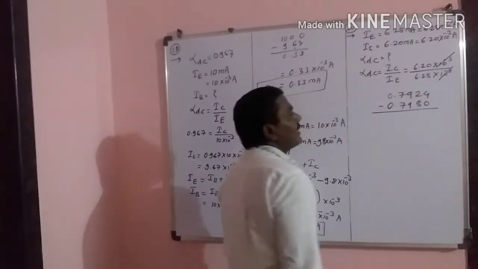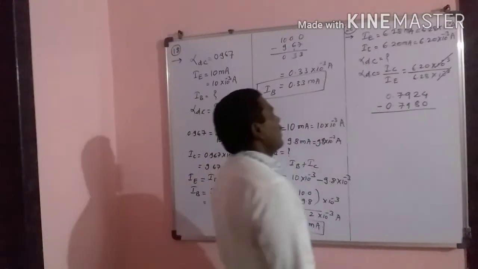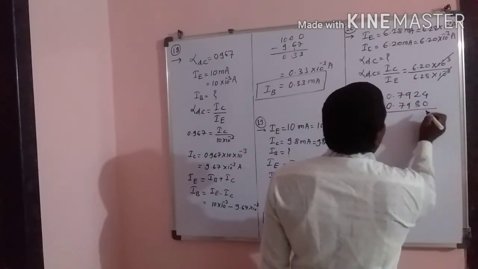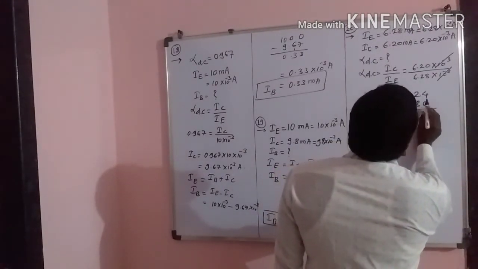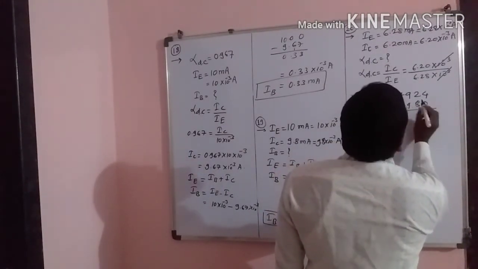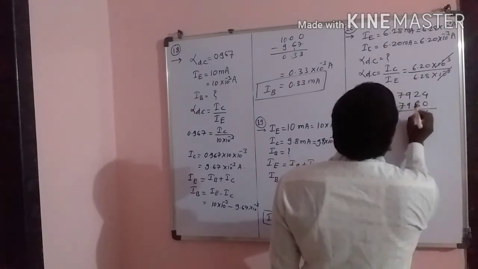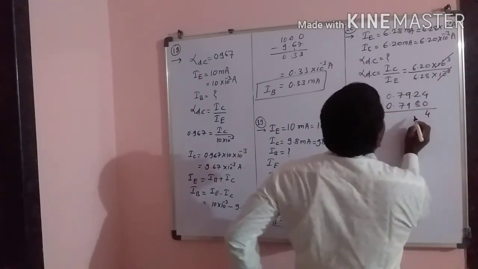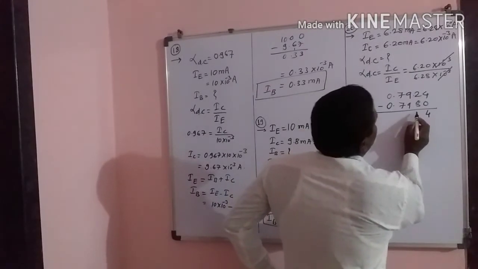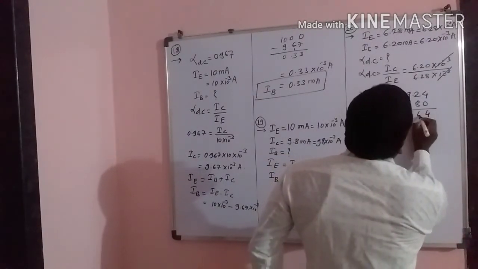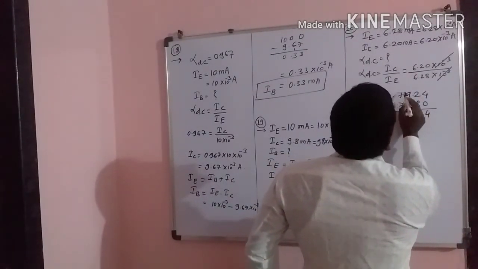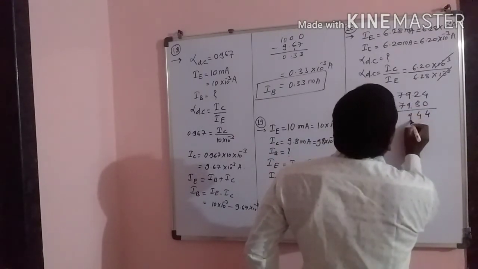When we take the subtraction, 14 minus 10 is 4, again 12 minus 8 is 4, again 19 minus 10 is 9.